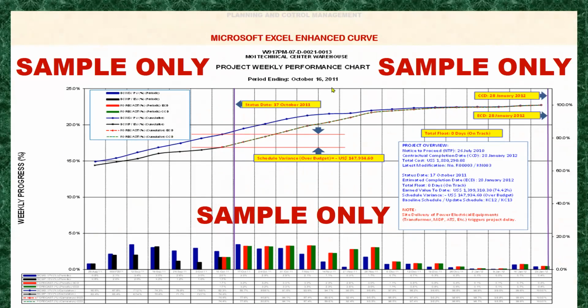This is only a sample for the Microsoft Excel enhanced profiling. Later part of our exercise, we will be taking this up. Activity usage curve method is Microsoft Excel enhanced curve.